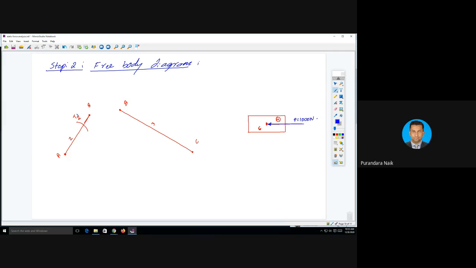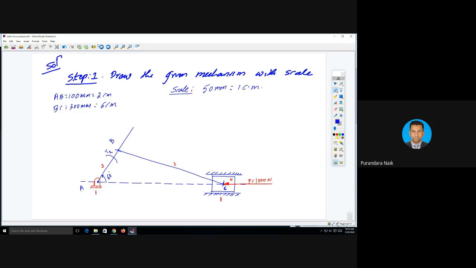Okay, you come to link number 4. You forget about link number 2 and 3. You just leave them. Now, I have reached link number 4. I have a force P, that is 1000 Newton. You come back to the previous diagram. Link number 4 is here, and P is applied on link number 4. Now, I have link number 3.